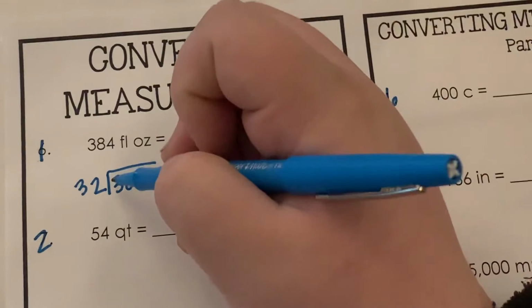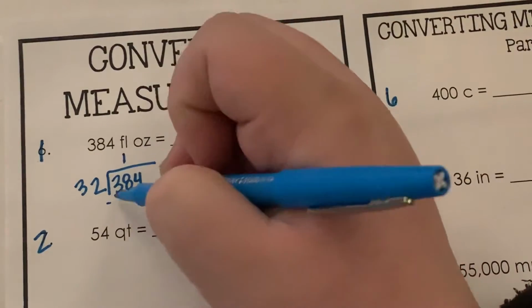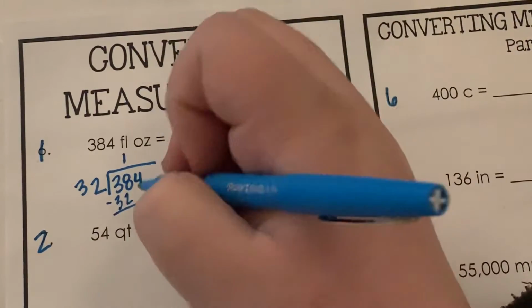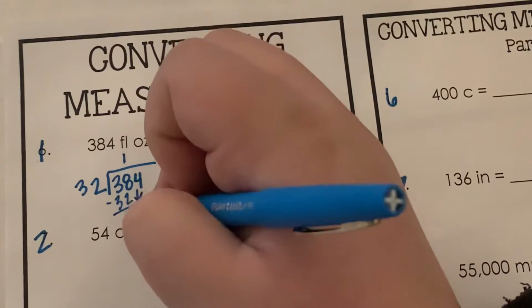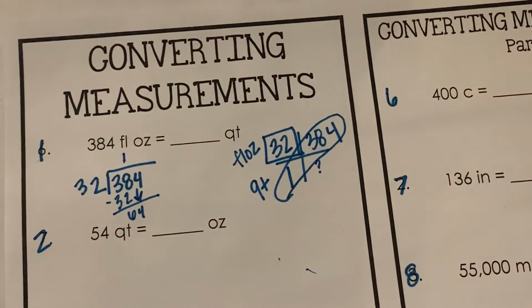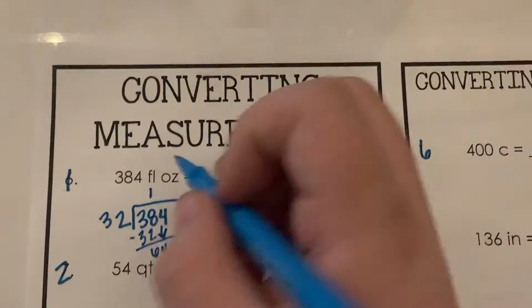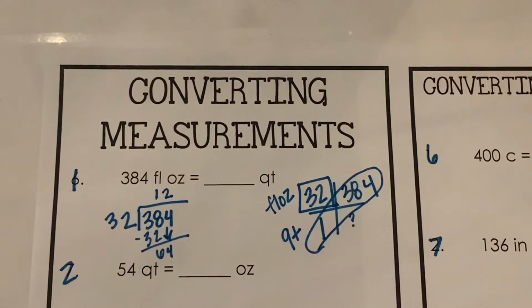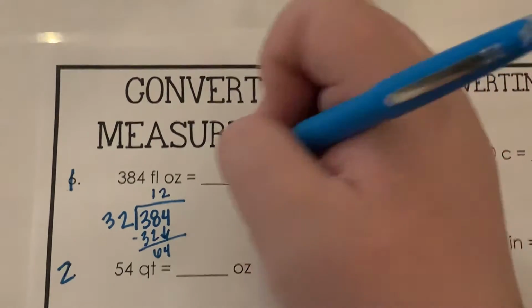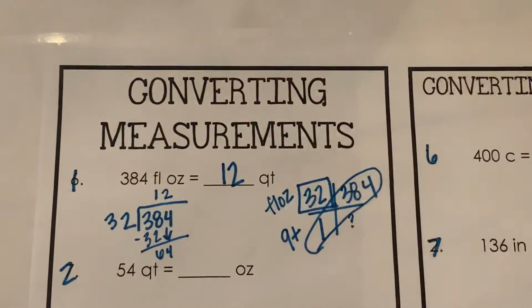It doesn't go into 3, but it goes into 38 once. And we get 64. Does 32 go into 64? Yes, twice. And that's it. So what's our answer? 12. 12 quarts.